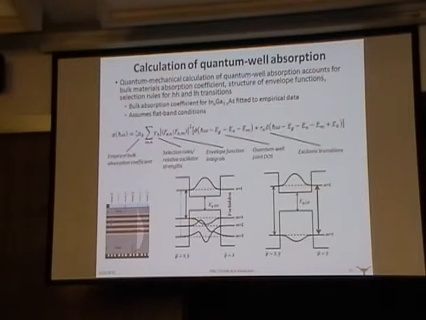That gives you the polarization dependence. You have a term here that corresponds to the overlap integrals between the conduction band envelope function and the valence band envelope function. And then you have the quantum well joint density of states, and a term over here that allows you to account for excitonic transitions and the like. Okay, so you put all this together, you get a polarization-dependent absorption coefficient that you plug into your simulation and use it.